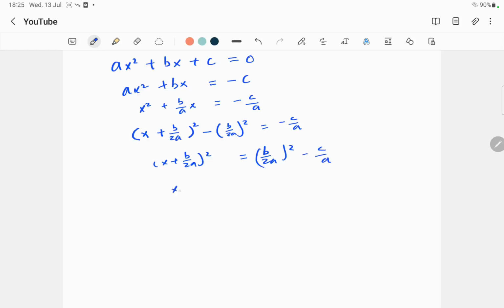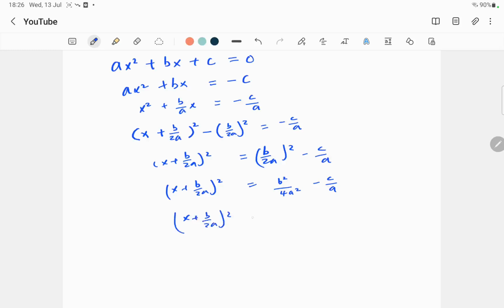Then we copy everything on the left hand side first, do nothing. Then on the right hand side, we need to open the bracket so we get b squared over 4a squared minus c over a. Left hand side also do nothing.